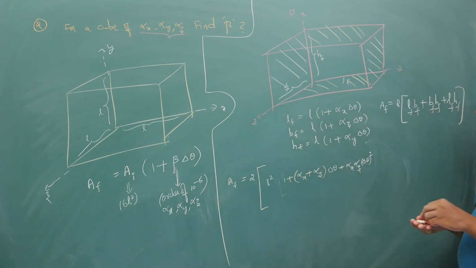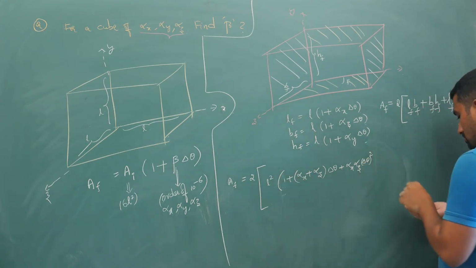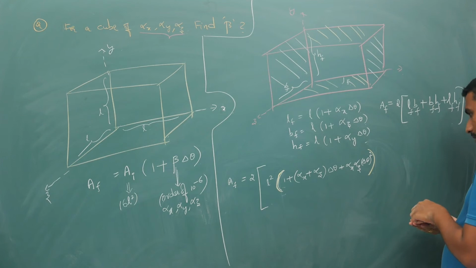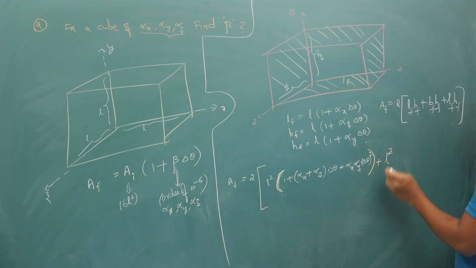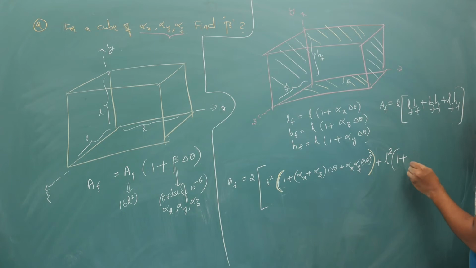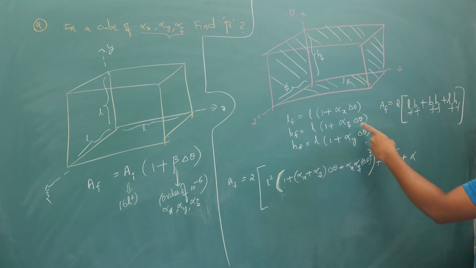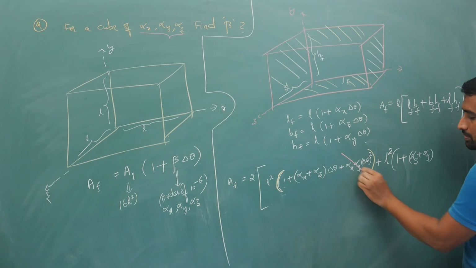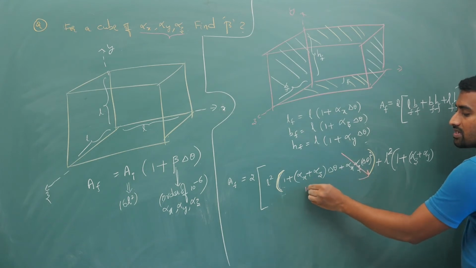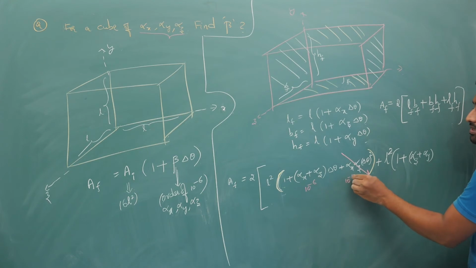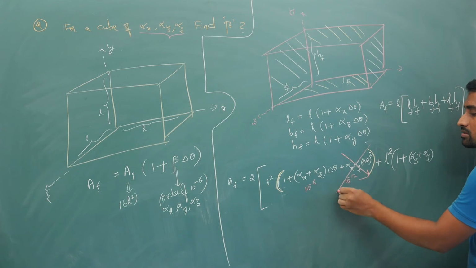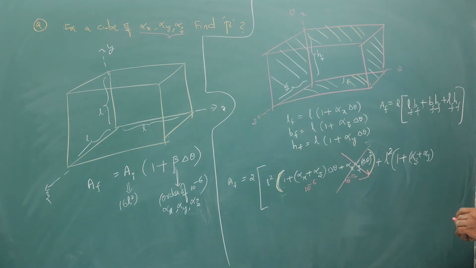I have multiplied the first LF and BF, plus L square times 1 plus alpha, B final H final, if I multiply, alpha z plus alpha y. This term in every expression I will neglect because of lack of space, because it is in the order of 10 power minus 6, and this is in the order of 10 power minus 12. So compared to 1, this is itself small, this is further small, so we can neglect it.